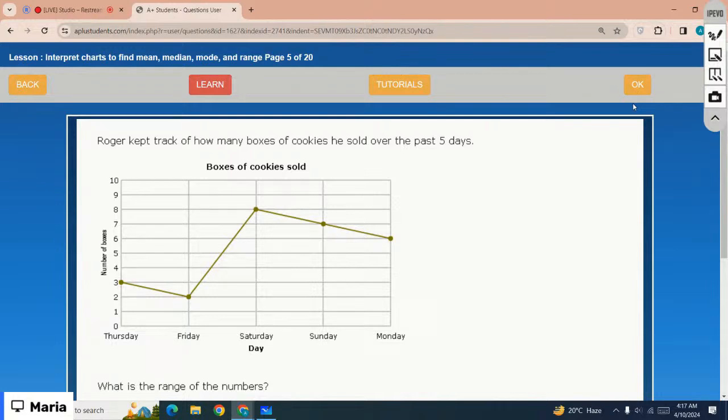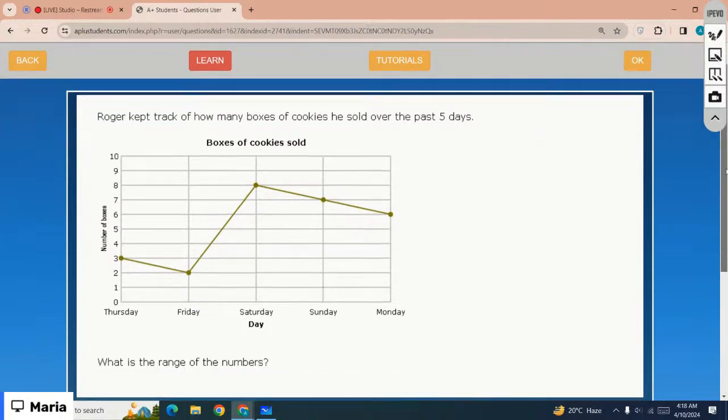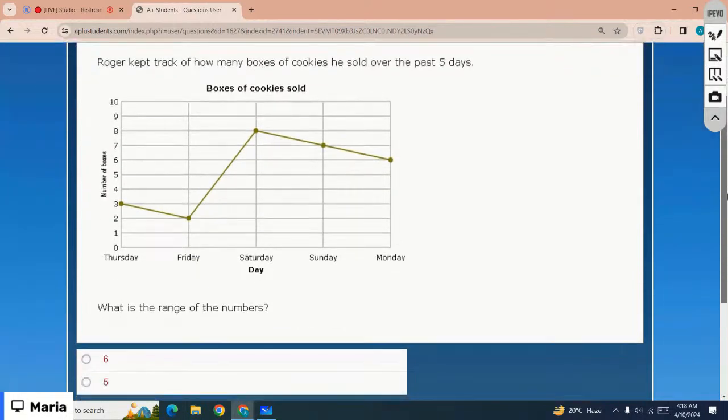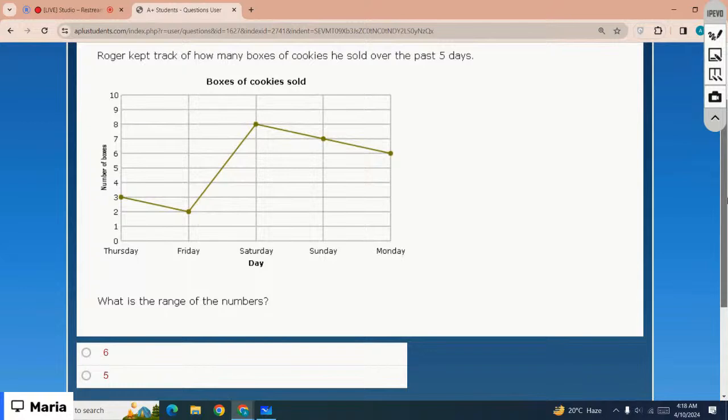Roger kept track of how many boxes of cookies he sold over the past 5 days. What is the range of the numbers? Which is the correct option? The range is the difference between the least and the greatest number.